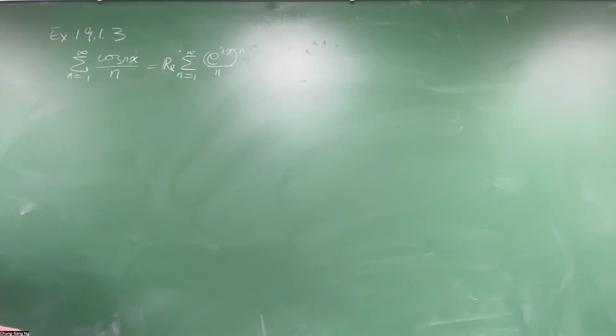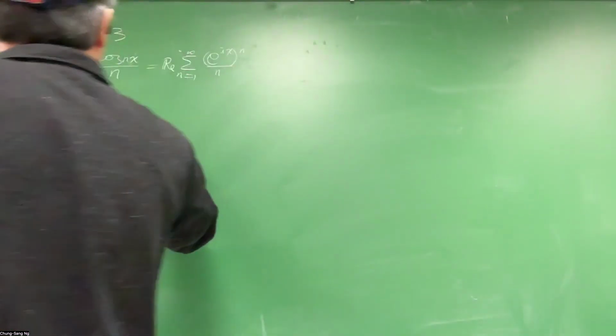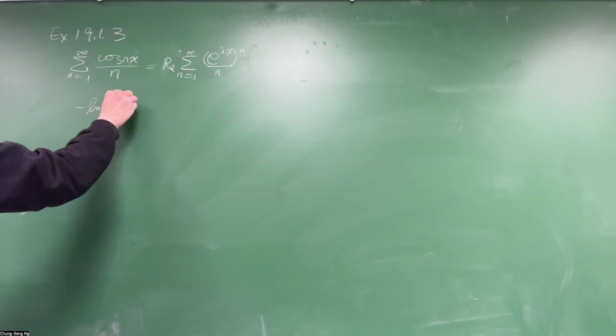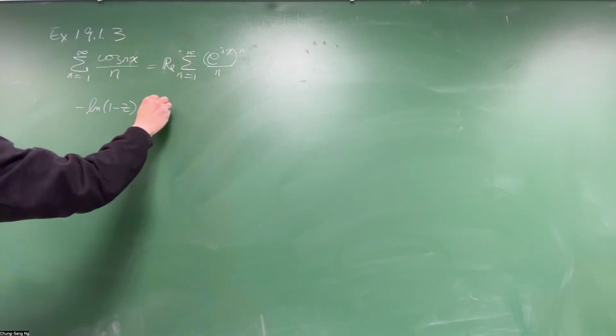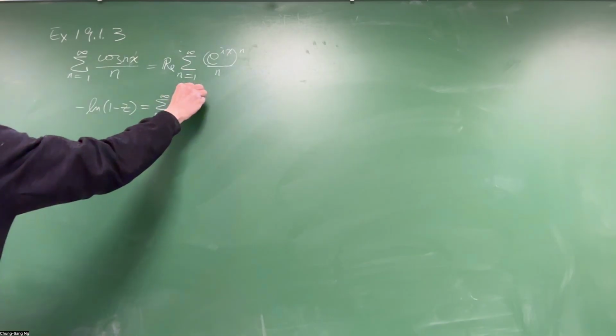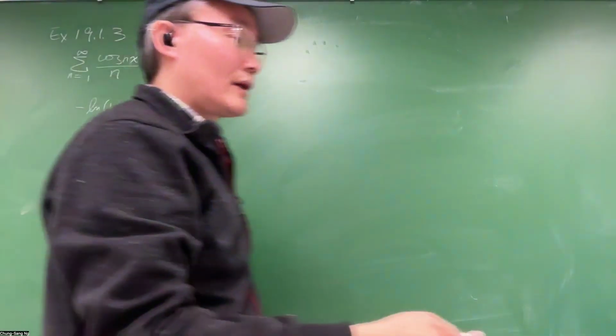The text suggests that it would be minus log of 1 minus z, with the sum of z to the n over n.